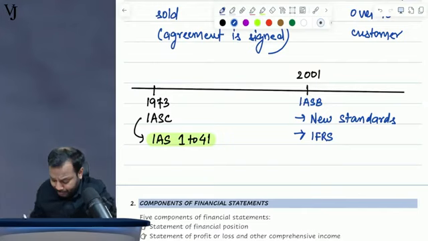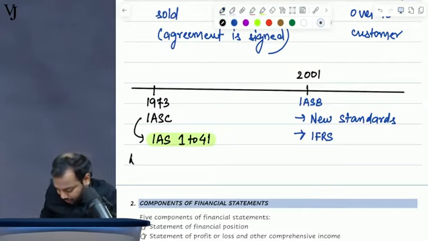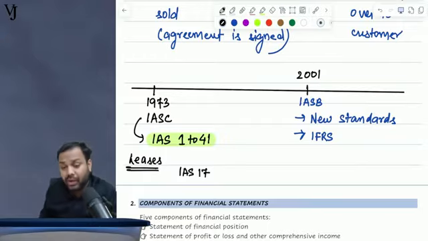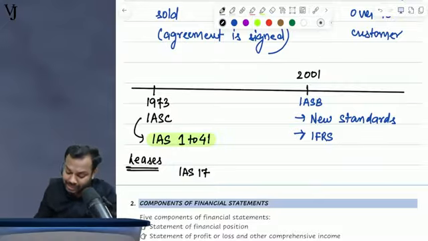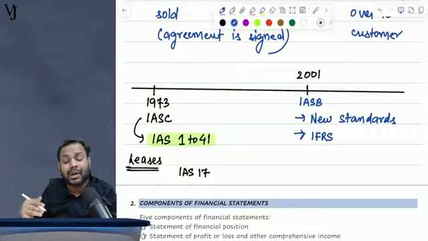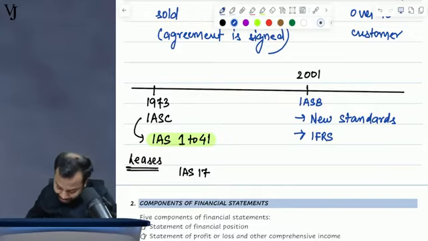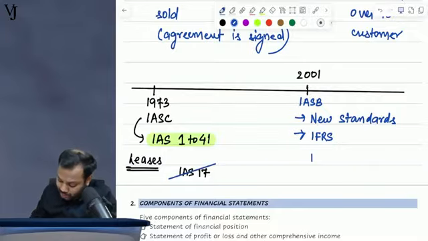To give an example, there is a transaction called leases. Earlier we had IAS 17 on leases, but since IAS 17 was not able to fulfill all the requirements of the current economic scenario, IAS 17 was cancelled and IASB issued IFRS 16.